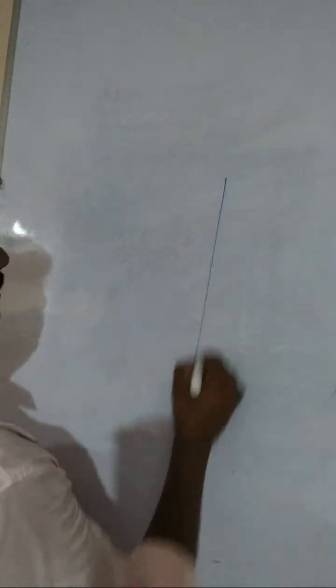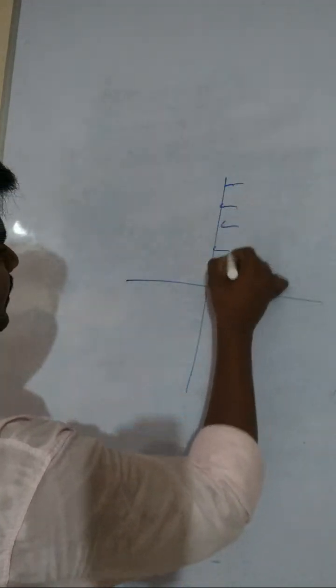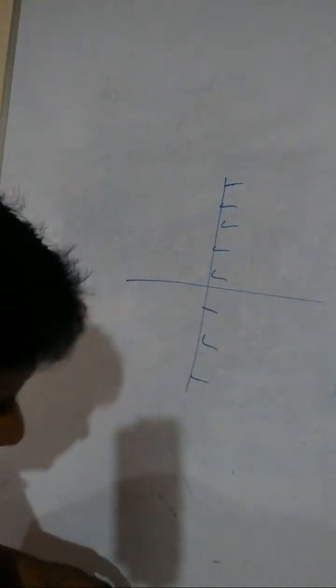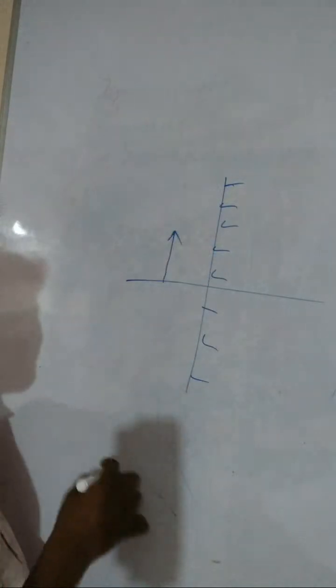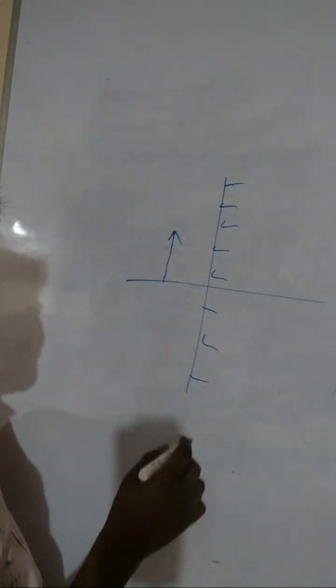Now we can see, I am taking a plane mirror. I am taking the object here. From this, light rays are coming.